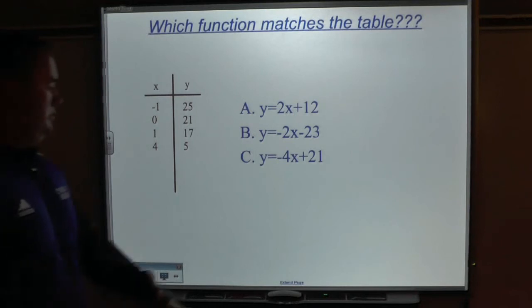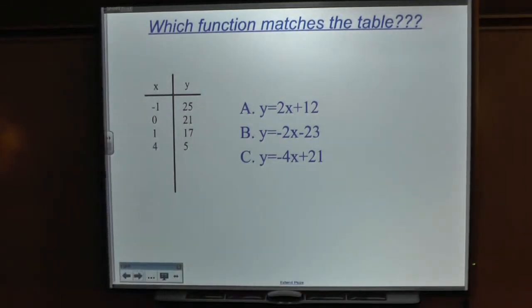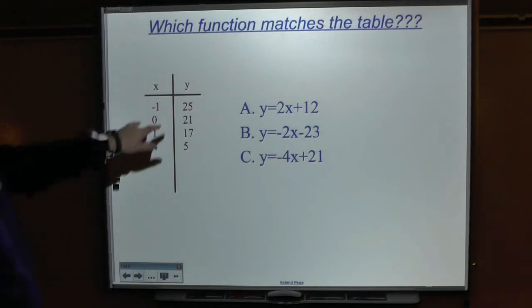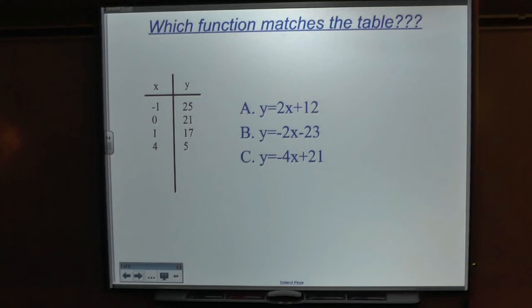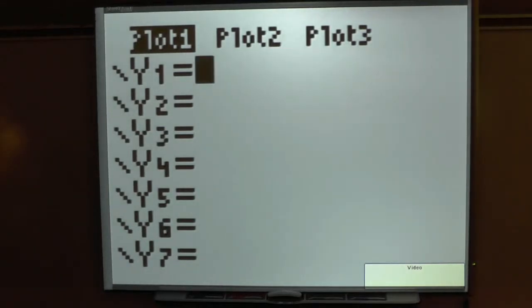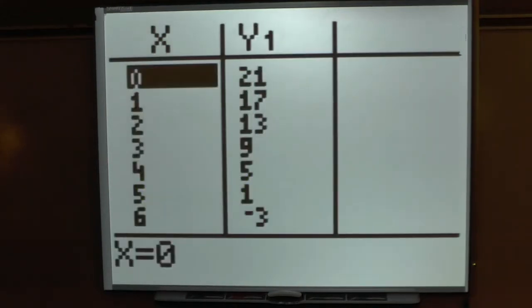So, next part. This is a little review, but I want to make sure we remember this. If you're given a table, which function matches the table? Remember how we talked about this? Where would you go on your calculator? Go straight to y is equal to. So if you go to y is equal to, what you want to do is plug in a function, let's say C, negative 4x plus 21, and you want to check the table.